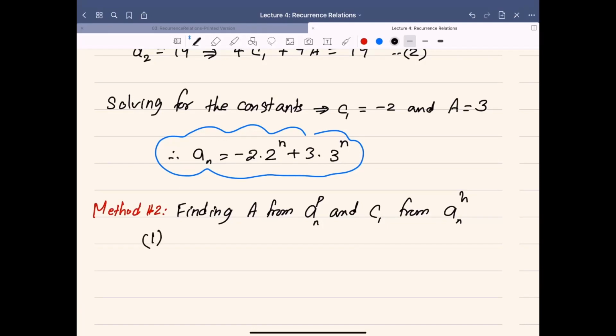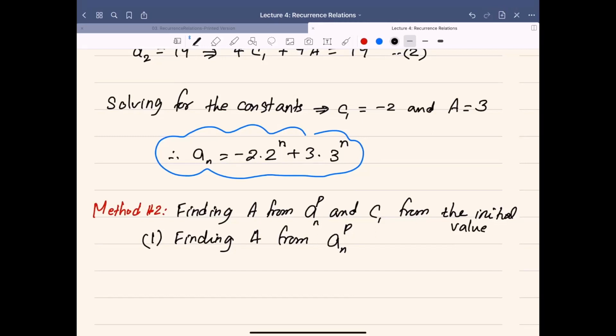First we will find A from anp. It is finding c1 from the initial value.